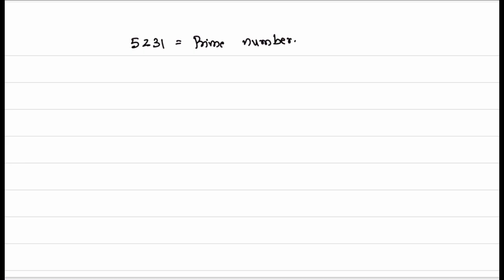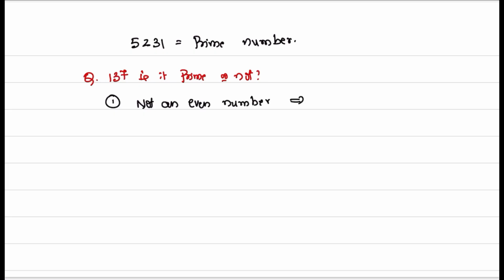Let us say, one number let me take for another example: 137. Is it prime or not? First step, not an even number implies not divisible by 2.